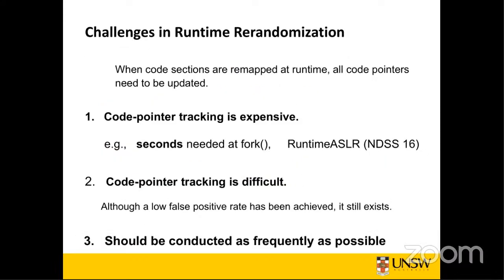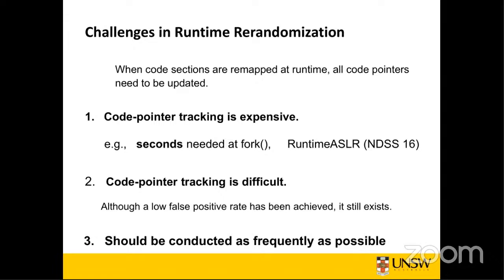So when code sections are remapped at runtime, all code pointers need to be updated. So there are some challenges in runtime randomization. First, runtime code pointer tracking is very expensive. For example, the state of the art runtime ASLR, which was published at NDSS 16, spends several seconds to conduct a round of randomization.